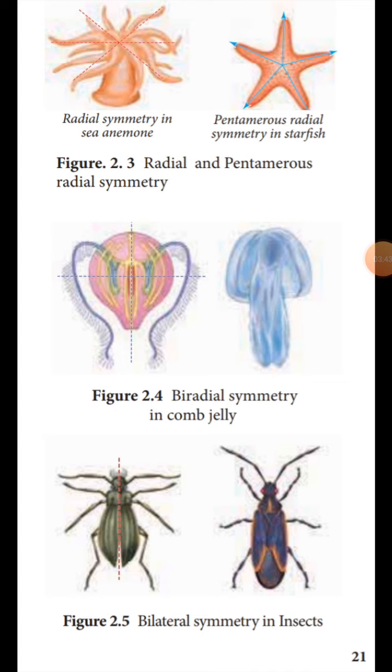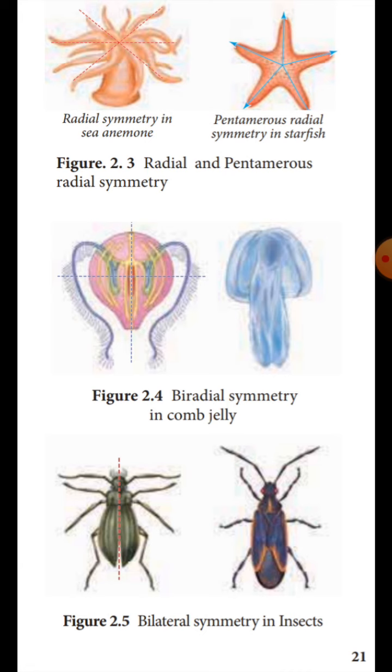Then we move to another basis of classification, symmetry. Symmetry is when a plane through an axis can divide the body into two halves, either radial or bilateral in nature. Based on this arrangement, organisms can be classified as radial symmetry, bilateral symmetry, or asymmetrical animals.